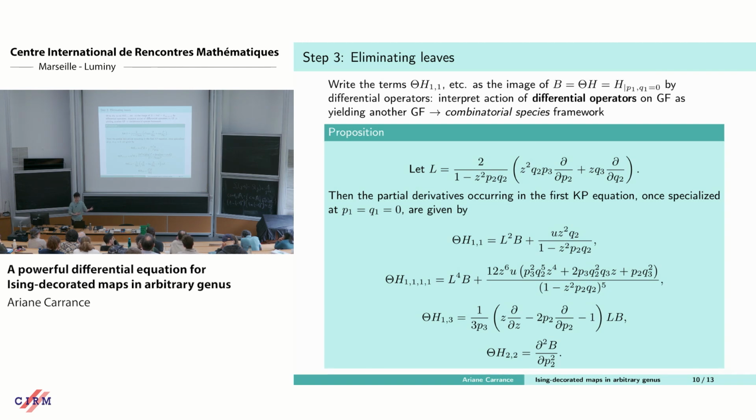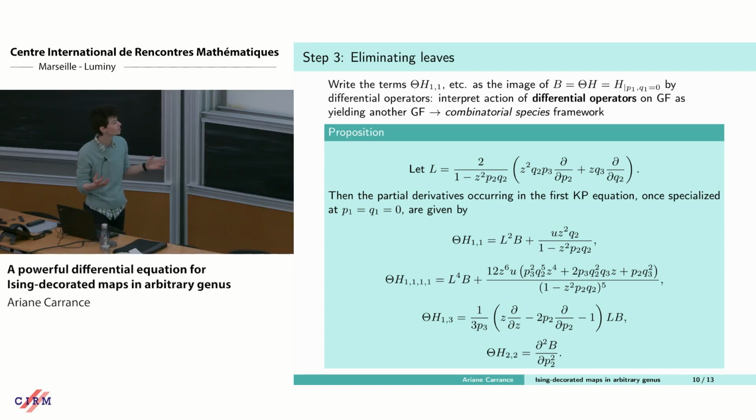And so in this way, you can write them down as other generating functions. And then kind of going back again, we can interpret these generating functions of our new objects as differential operators, but this time on B and not on H.